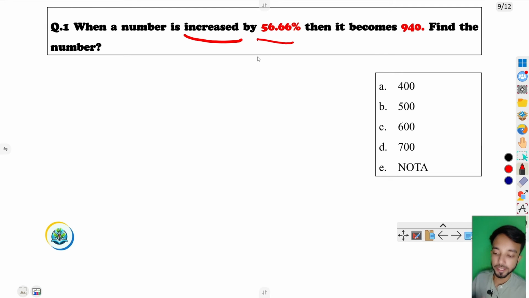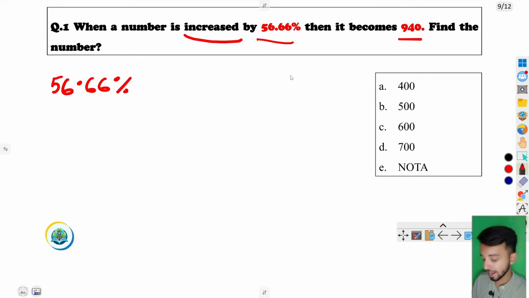When a number is increased by 56.66%, then it becomes 965 by number. Very simple.